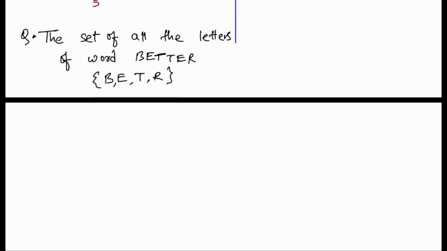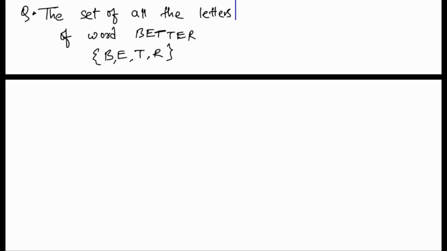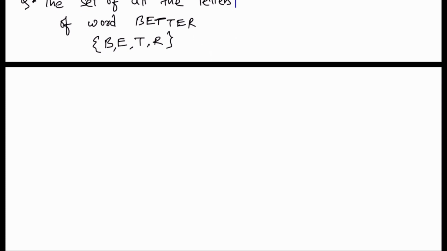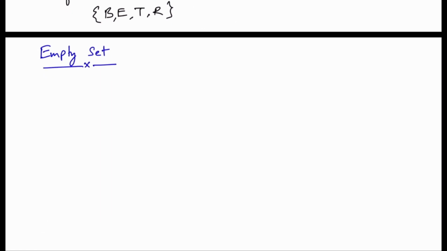Now, in continuation of that, we will move forward to our next topic, that is empty set. What we are going to study? We are going to study empty set. Now, what is an empty set?